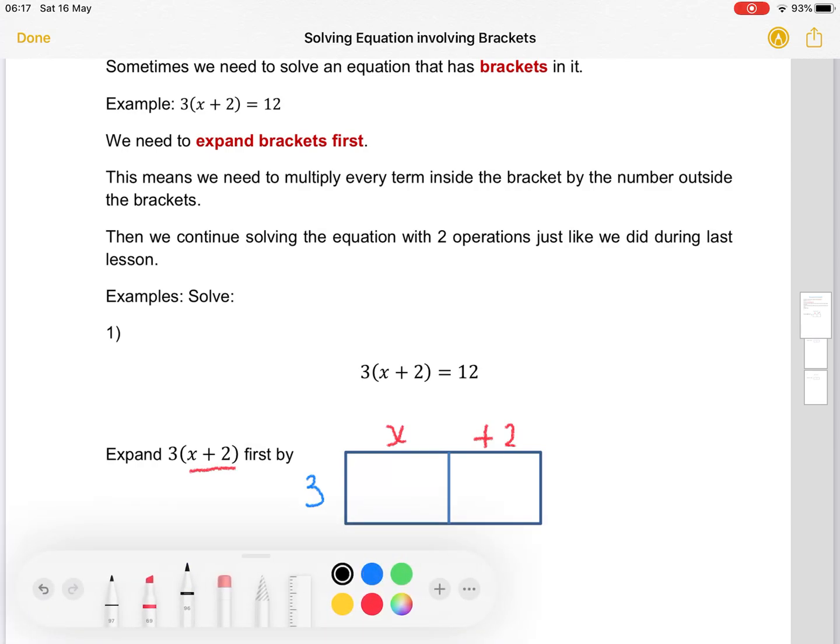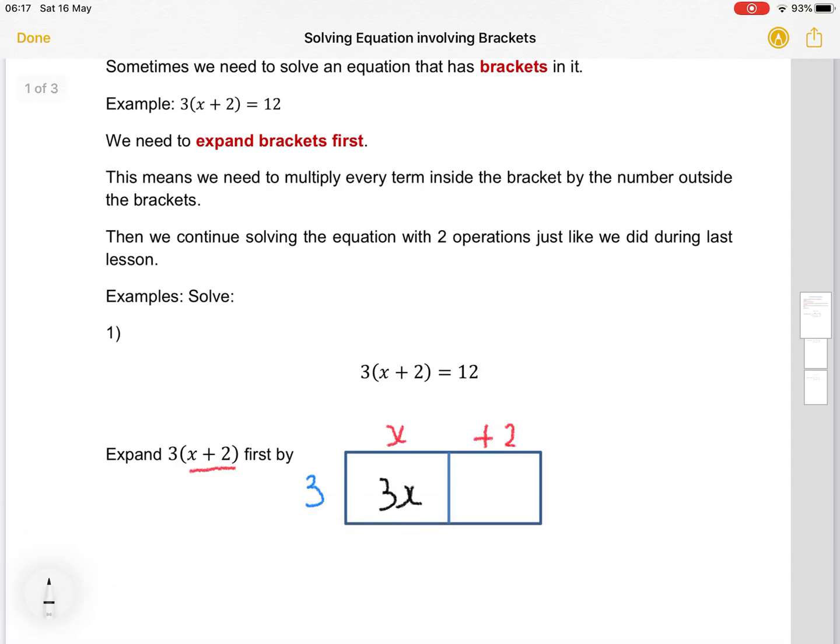Now, I'm going to multiply because I'm going to find the area. Length times width. 3 times x to find the area of the first part of the rectangle is 3x. 3 times plus 2 is plus 6, all right? So 3 into x plus 2 is equal to 3x plus 6, all right?